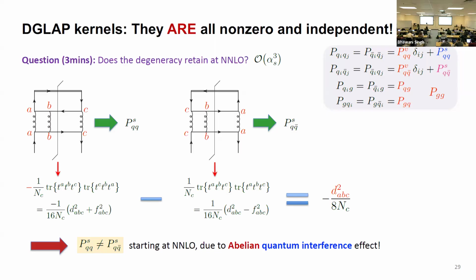The first one is TA, TB, TC and the bottom one is TC, TB, TA. But on the right, we have TA, TB, TC on both the up and the down parts. Working this out, the first one gives you DABC squared plus FABC squared, but the second one gives you DABC squared minus FABC squared.